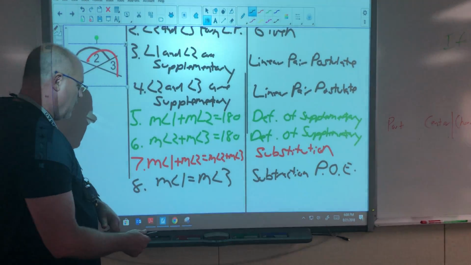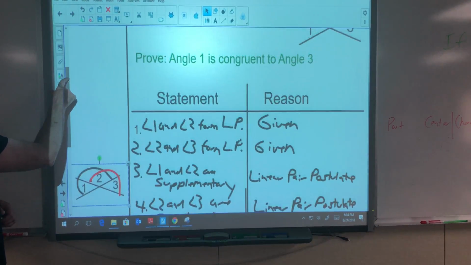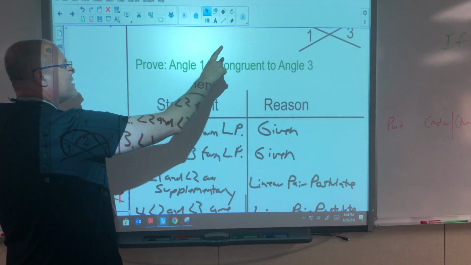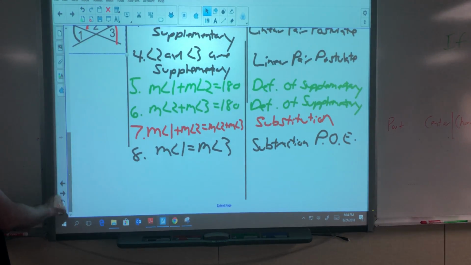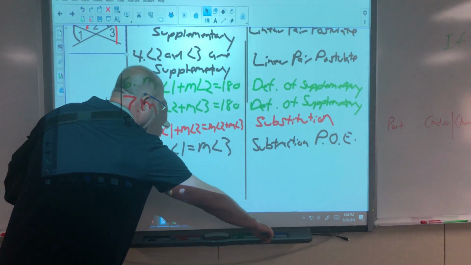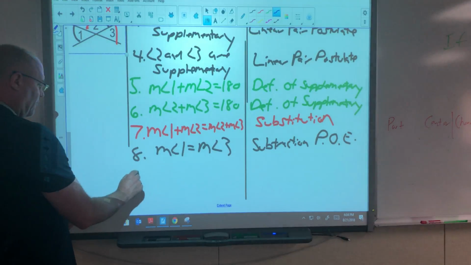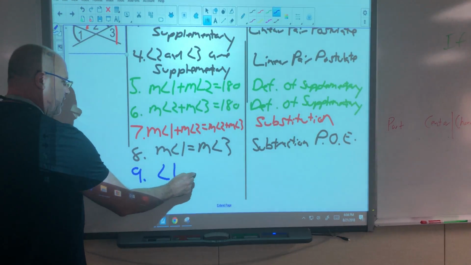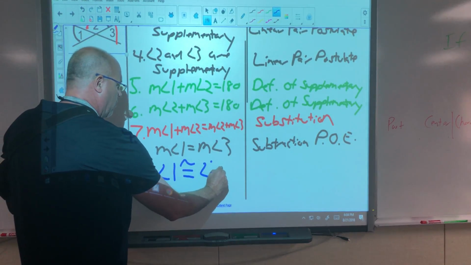And then, are we done? What do we need to prove? Angle 1 is congruent to angle 3. We're so close, but we're not quite there. So our last statement: if the measures are the same for those angles, can I now say angle 1 is congruent to angle 3?